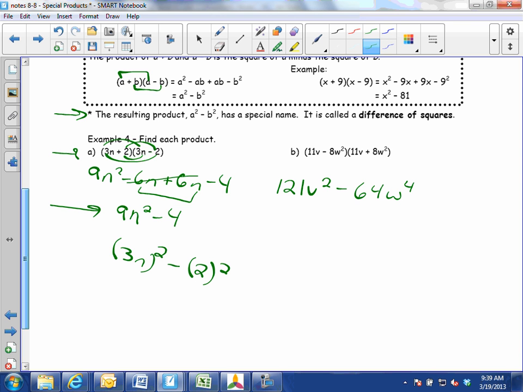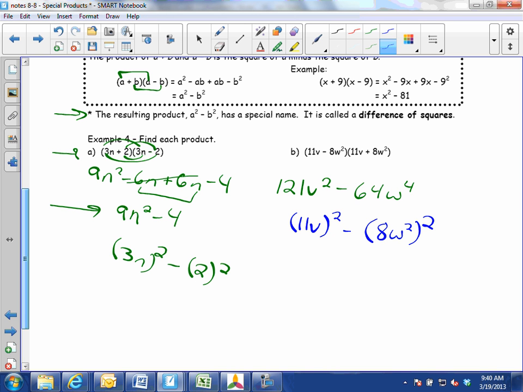There you go. And again, it's a difference of squares because I know this is going to be 11b squared minus 8w squared.